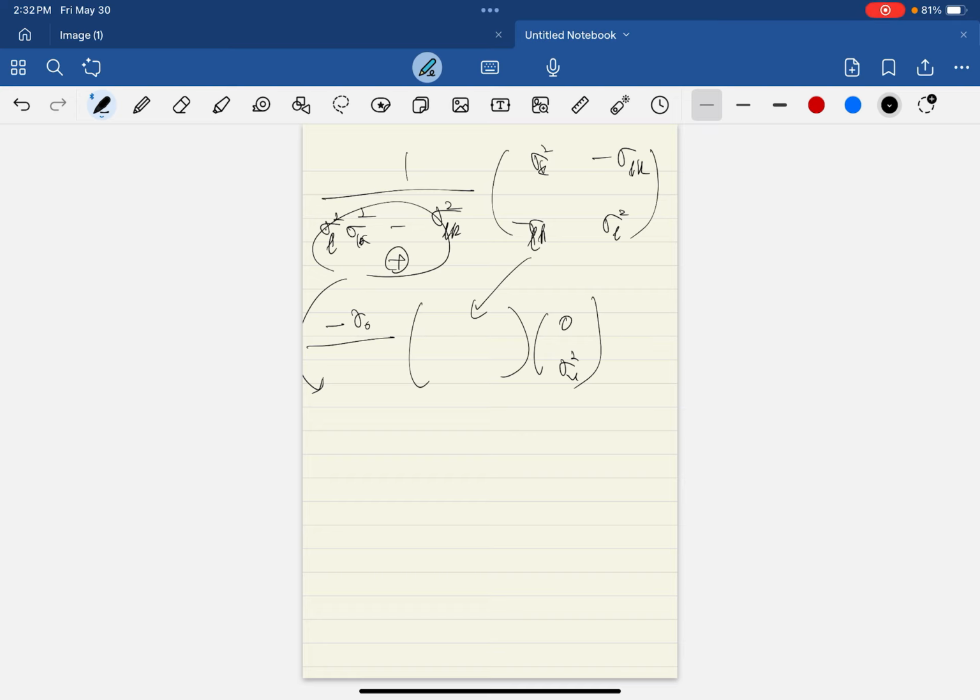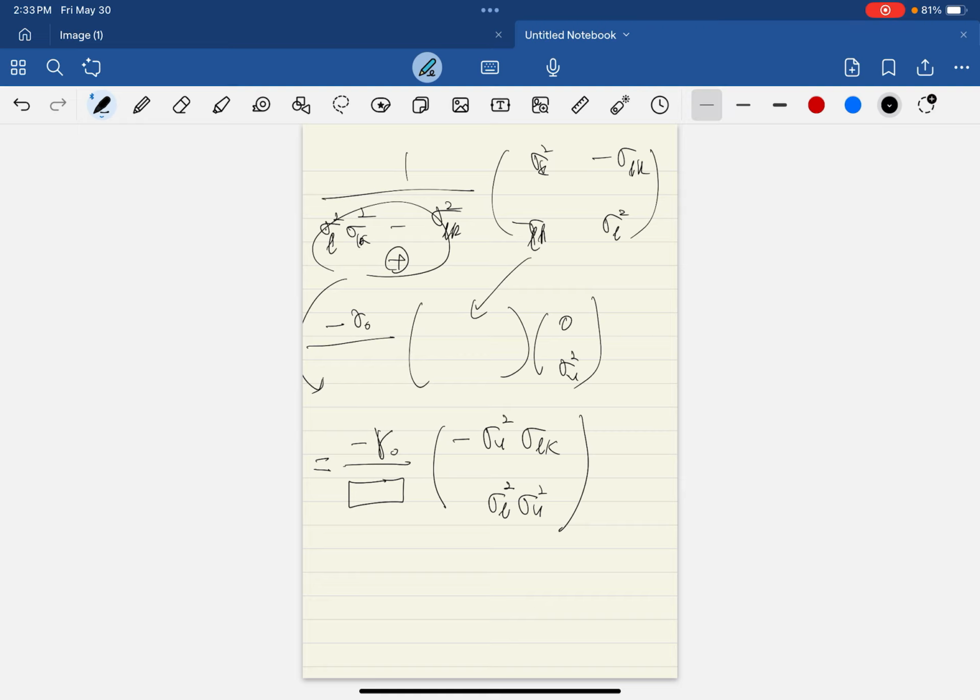And if you calculate that, something in the denominator and minus gamma 0 and multiply this, it will become minus sigma u squared times sigma LK, and plus sigma L squared, sigma u squared.